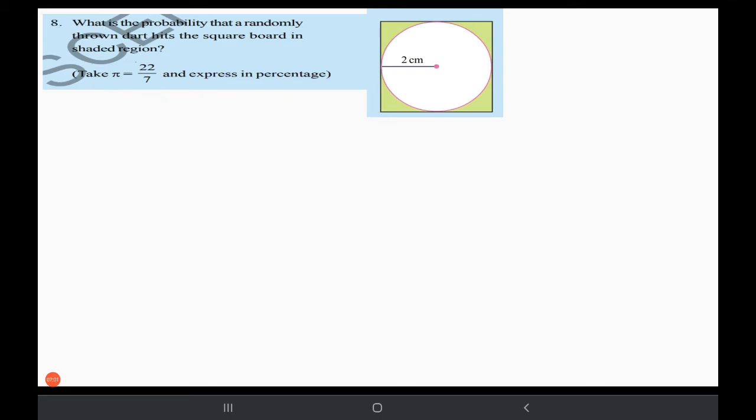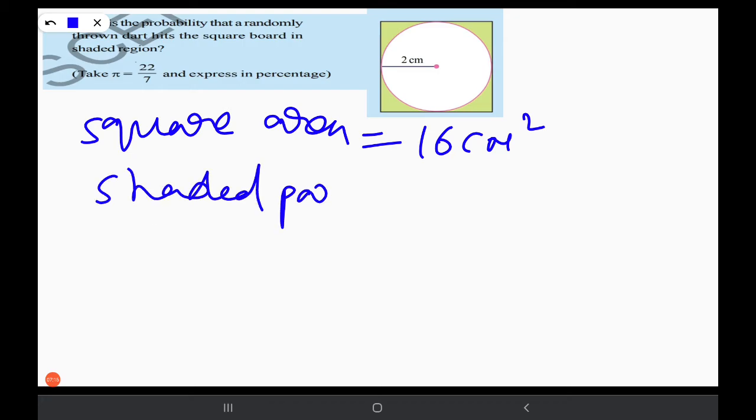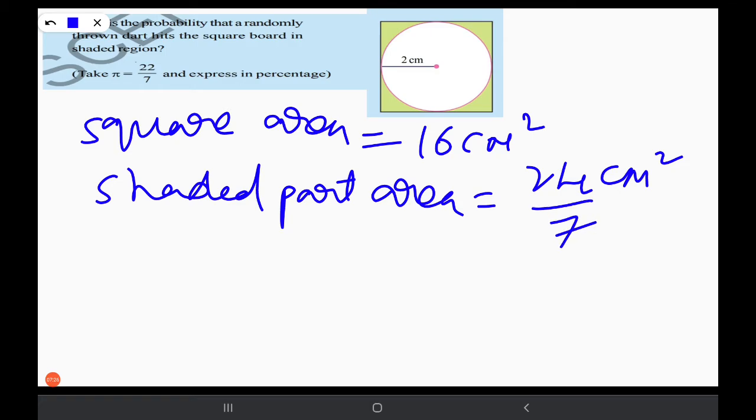I will write once again. Square area 16 centimeter square, shaded part area is equal to 24 centimeter square by 7.